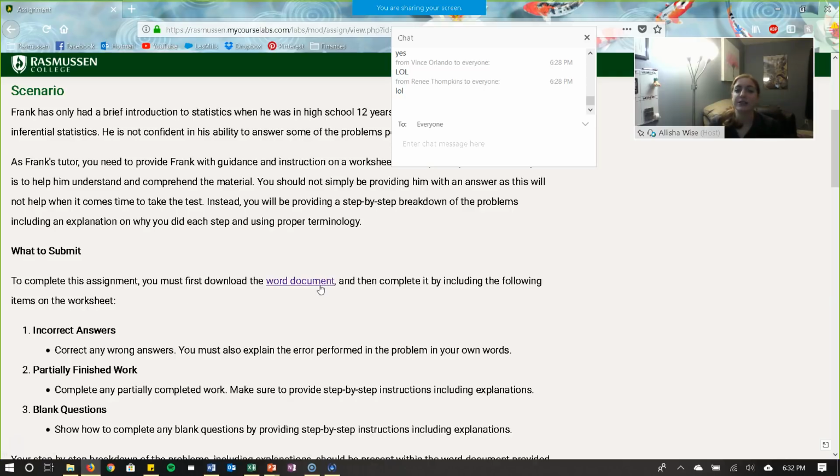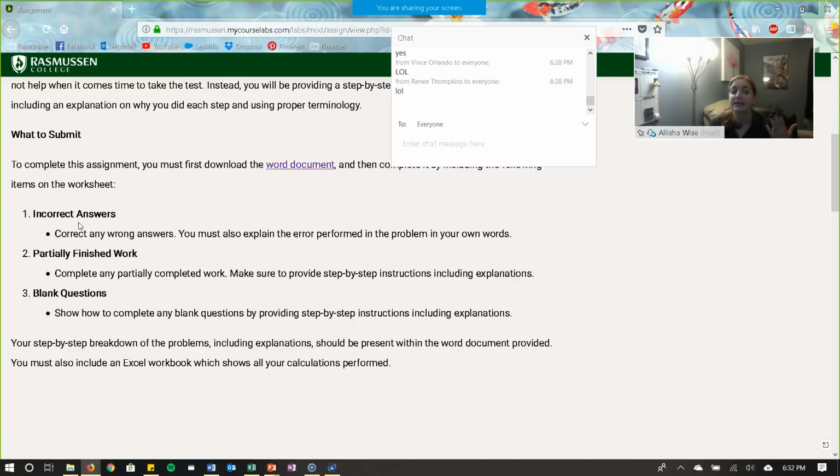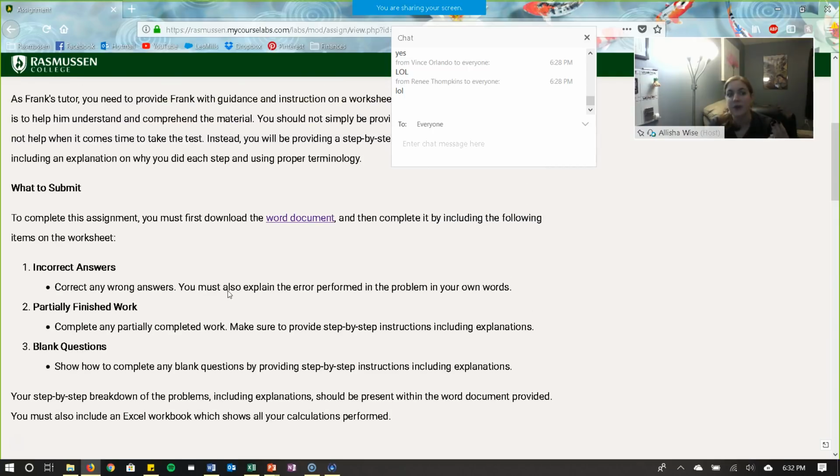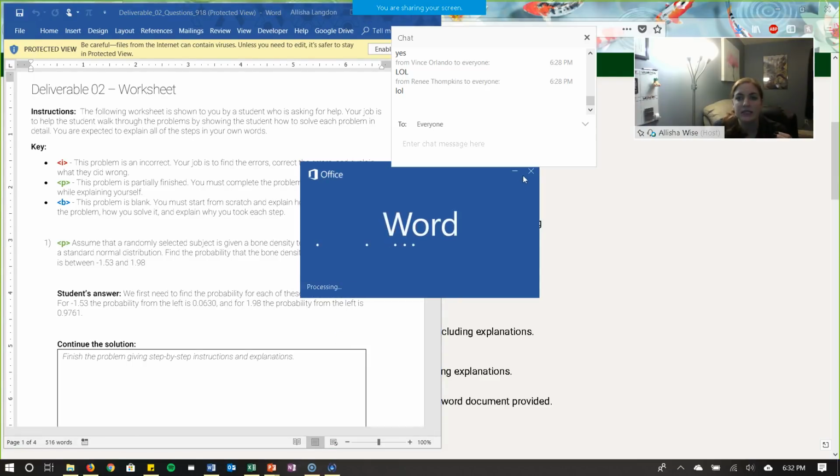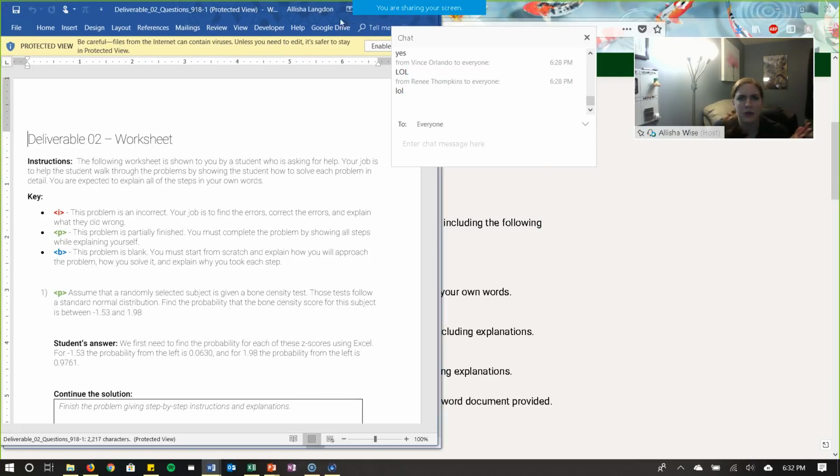He's trying to work on this Word document. He's got some incorrect answers, some partially finished work, and some blank questions. He needs you to go through the Word document and help him fill it out so he knows what to do on his own. So here is the Word document, which I've already downloaded.